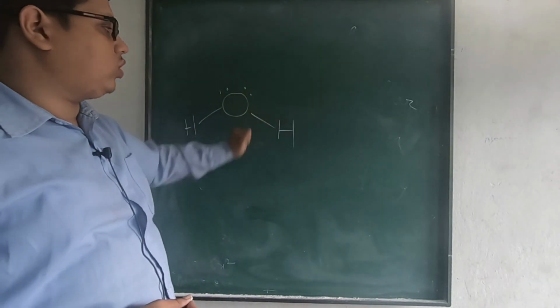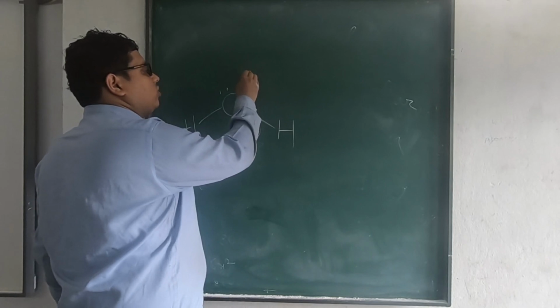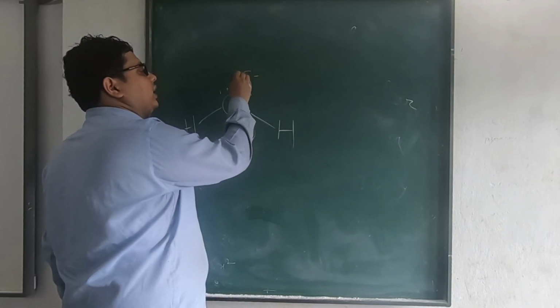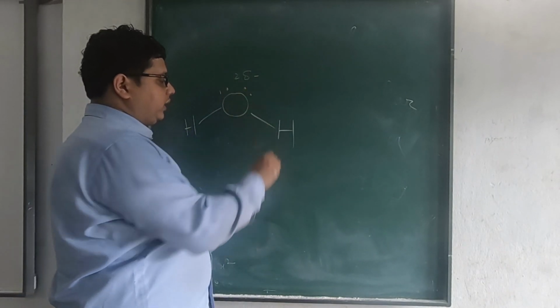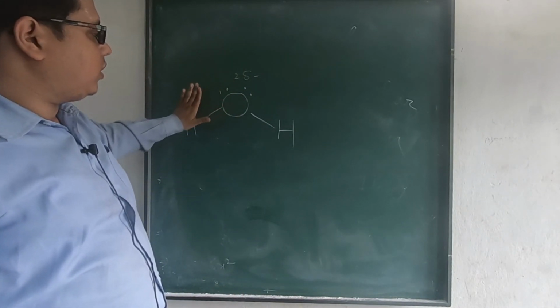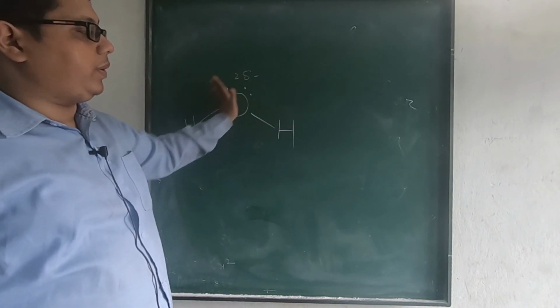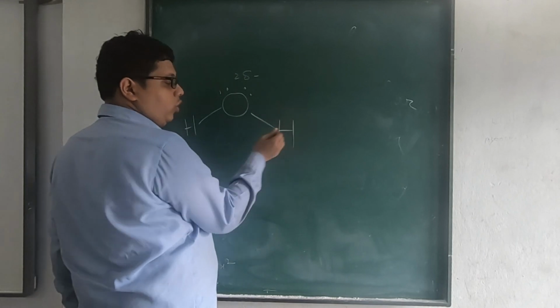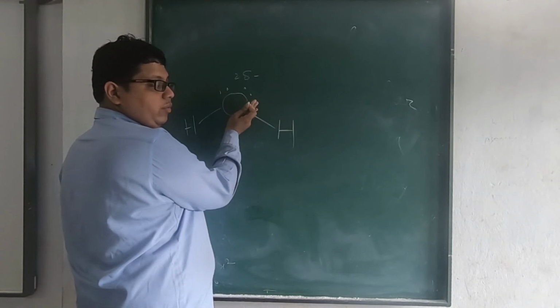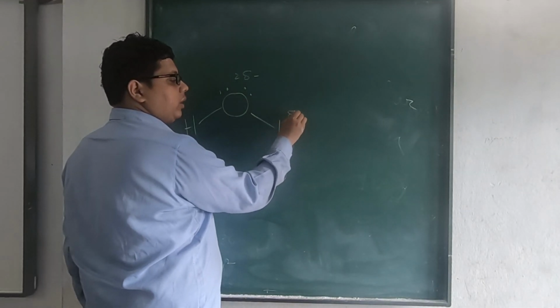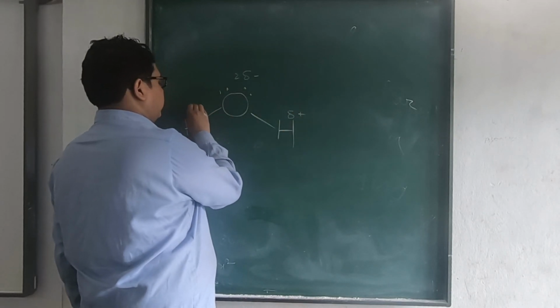As a result, oxygen develops a delta negative charge. I'm giving 2 delta negative because it is pulling the pairs from both sides. And because the electrons are pulled further away from hydrogen, hydrogen will develop a delta positive charge.